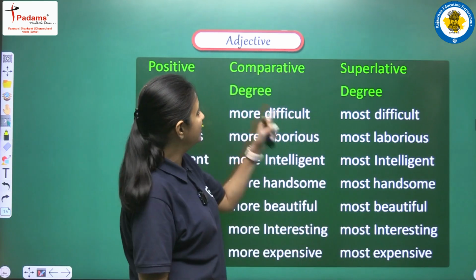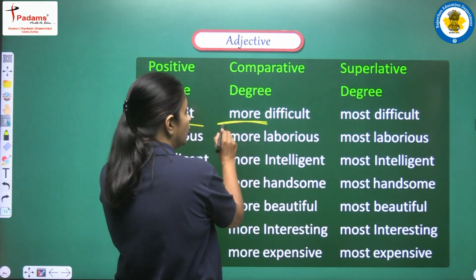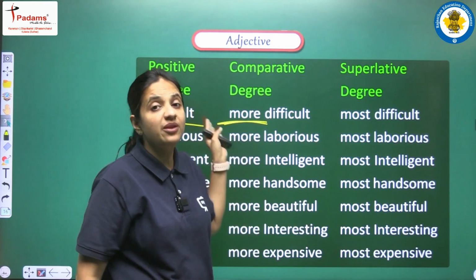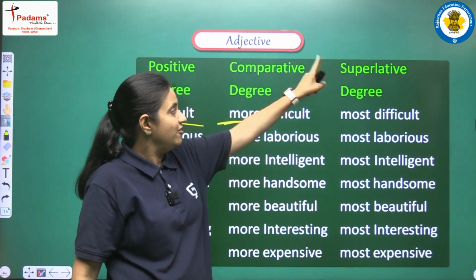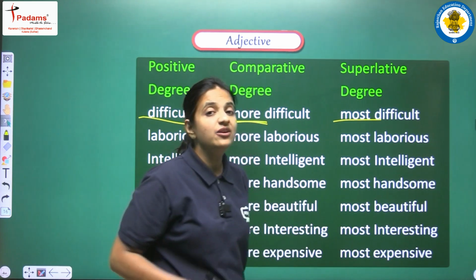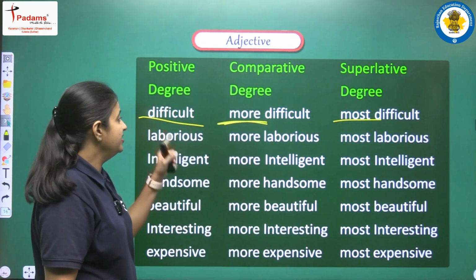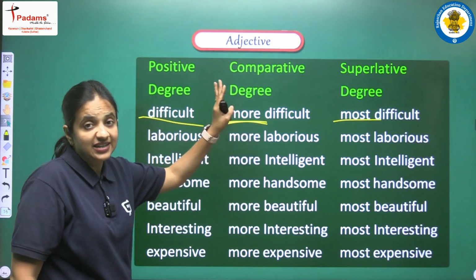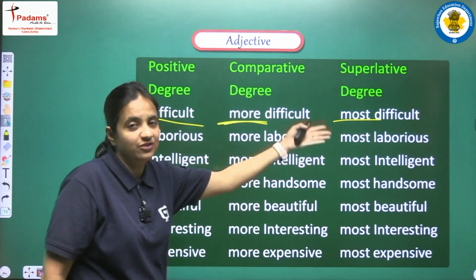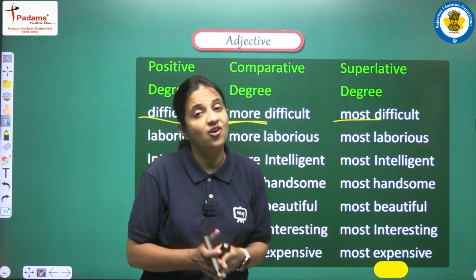So to convert it into comparative degree, we add more before difficult, so it will be more difficult. And if we convert it into superlative degree, then we have to add most, so it will be most difficult. So yes, we have difficult, more difficult and the most difficult. We all know that before superlative degree we always have to add the.